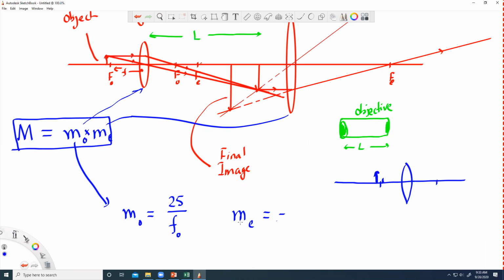So we will use this formula. If you remember, magnification is image distance, S prime, over object distance. Now, what is the image distance here? What's the object distance?